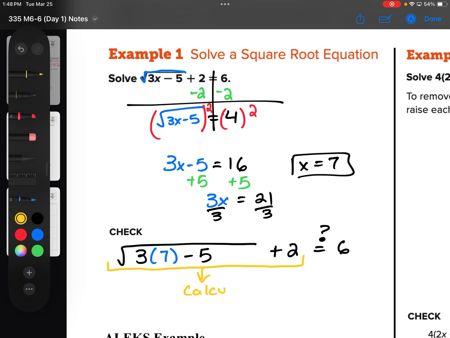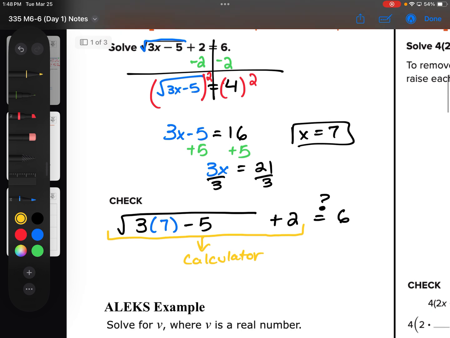So really quick, you can pause the video, or if you're in the room, you can type that in your calculator. Just make sure that that equals 6. I'm going to go ahead and work it out by hand real quick. 3 times 7 is 21. 21 minus 5 is 16. So I got the square root of 16 plus 2, which is really 4 plus 2, which is equal to 6.